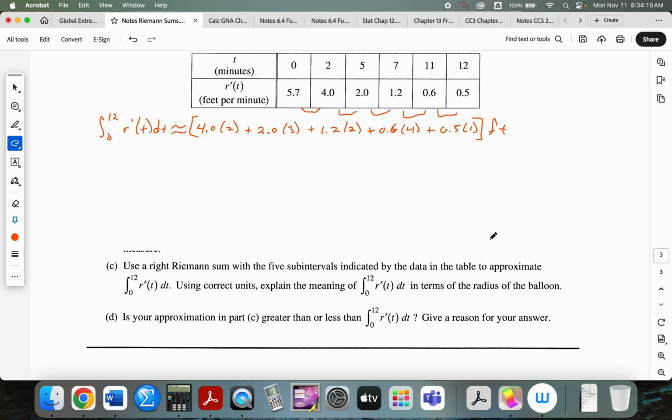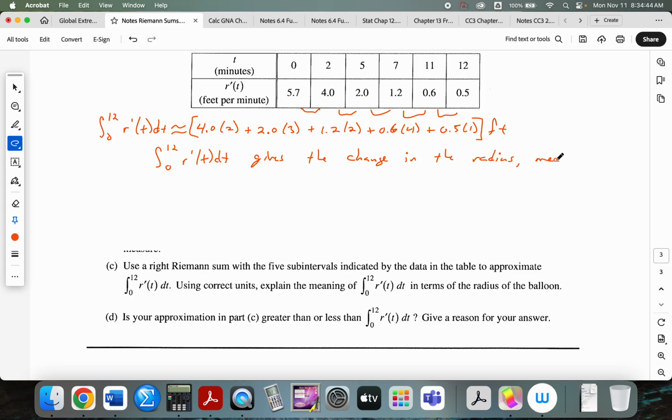And just a moment ago, we said that a Riemann sum estimates the change in the original function. So this symbol gives the change in the radius, measured in feet.